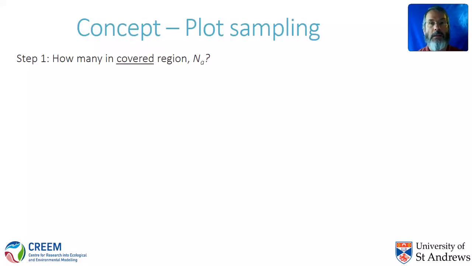So let me break down this idea of plot sampling into two pieces. First of all, how many animals were in the area that we visited? Those green strips that I showed you in the earlier slide. Once we know how many animals were in the green strip that we visited, how do we extrapolate from that number to the number in the entire study area?